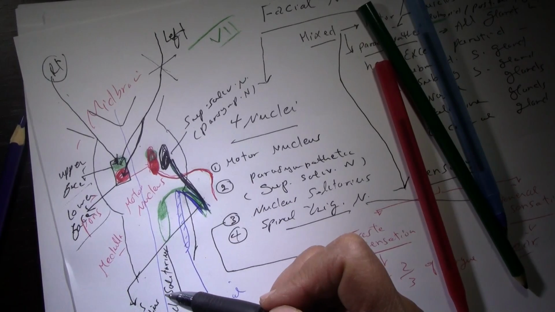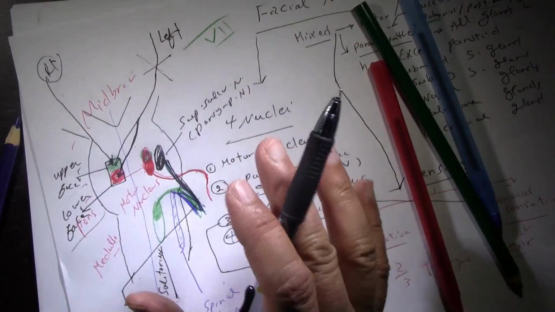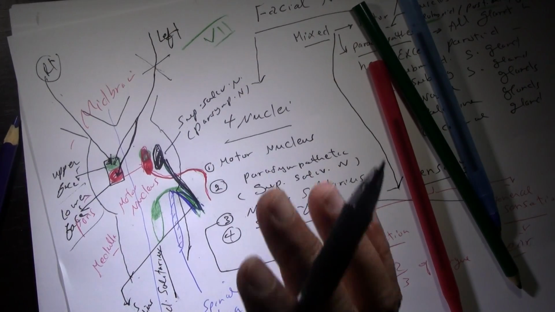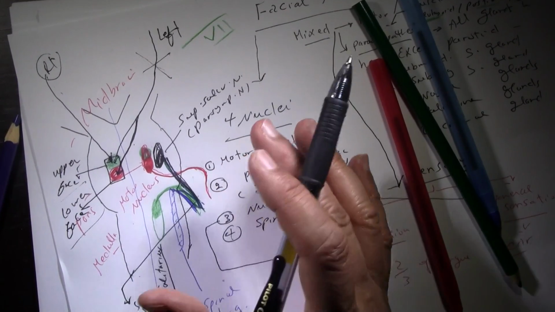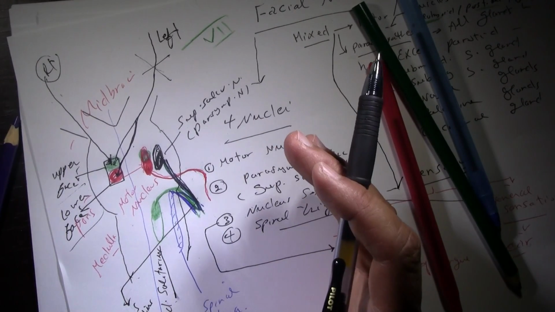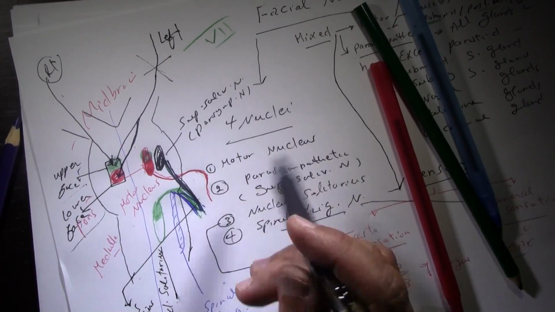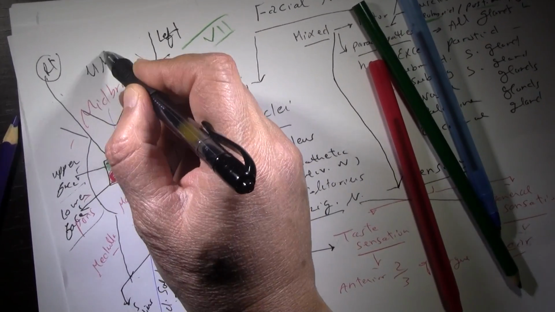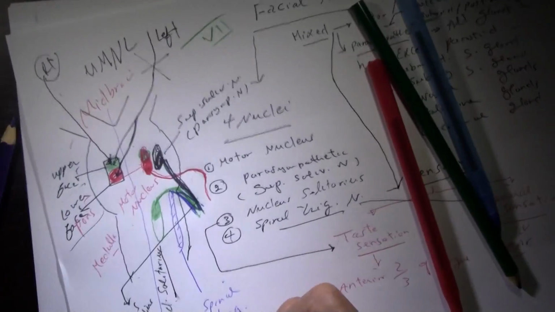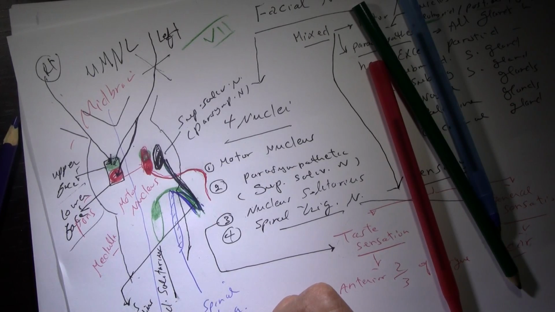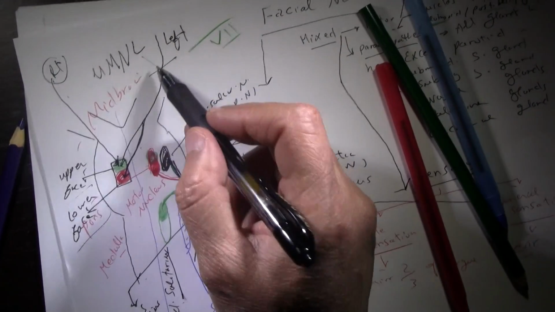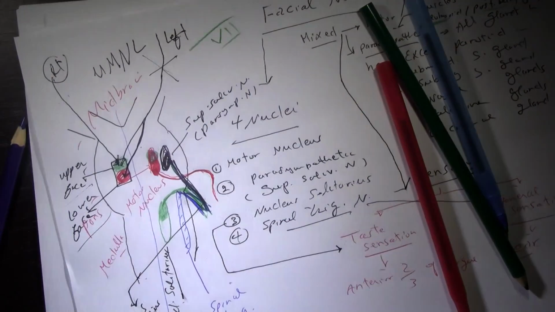Lower face is affected. And if your patient comes to you, and you see that the lower half of the face is paralyzed, however the upper half of the face is okay, it means that it is an upper motor neuron lesion. Okay? At that level, cerebral cortex, in the opposite side.